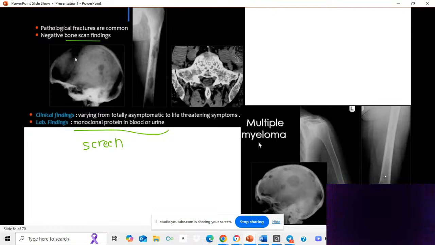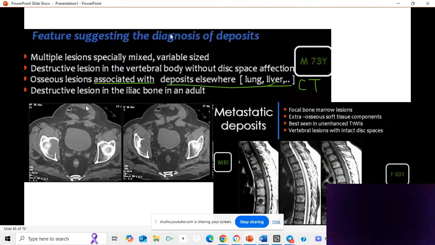So I would recommend a myeloma screen to detect the monoclonal protein and to detect the negative bone scan. And I would recommend a CT scan of the chest, the abdomen, and the pelvis for further assessment of the primary tumor or elsewhere deposits.